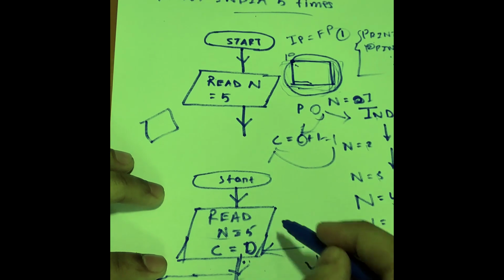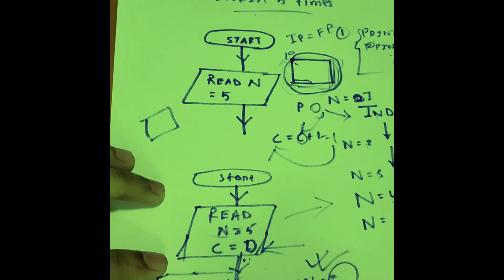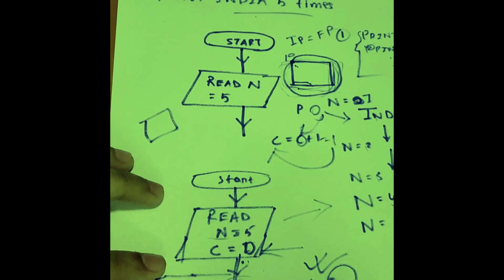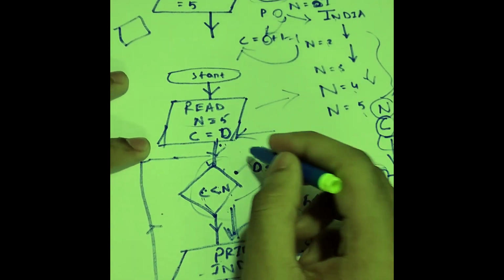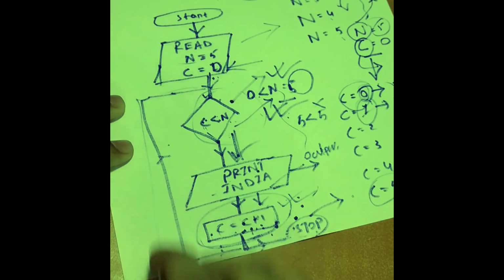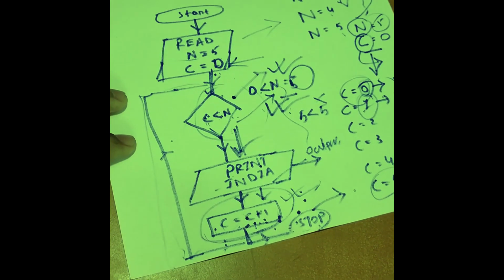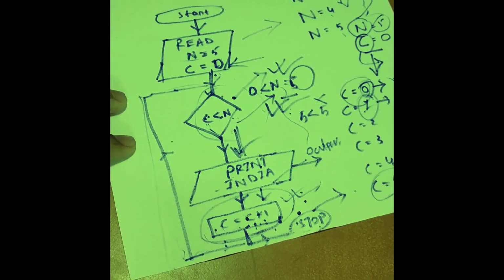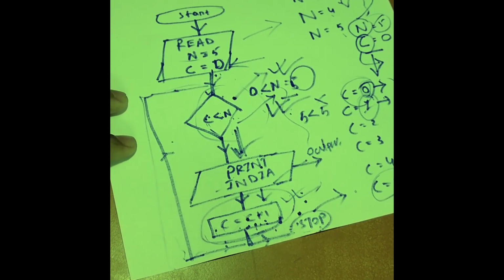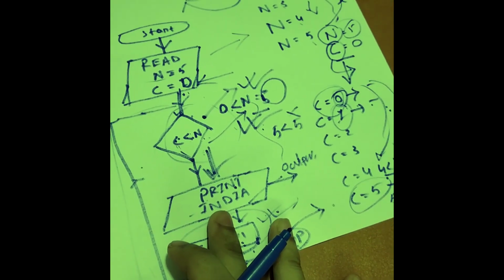Input and output within this parallelogram box. Decision making in this rhombus box. And a loop is done by drawing something like this. Okay, I hope things are clear. So let us move on to algorithms.